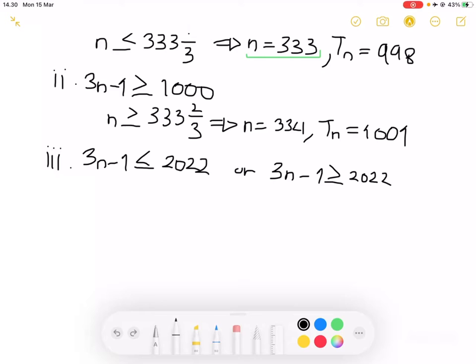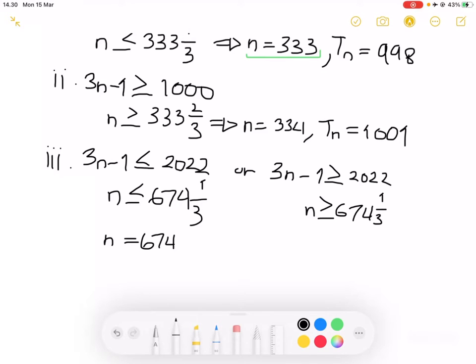And I'll just quickly speed things up. Long story short, the solution for these inequalities will be 674 and the third. Likewise, this will stay the same. And here we need to find the greatest integer solution, which is 674.